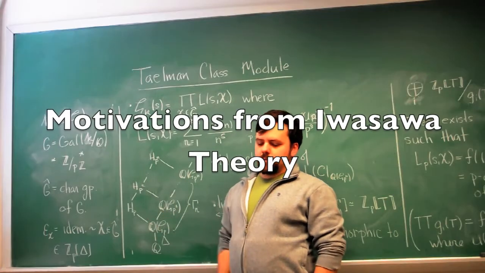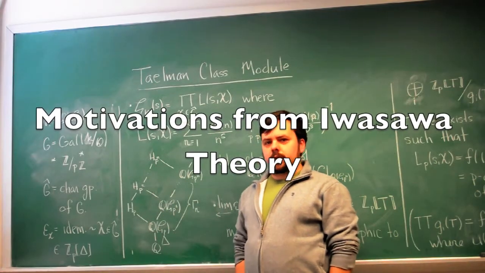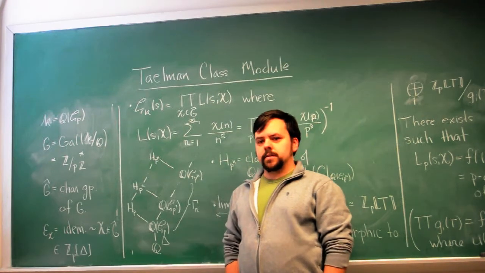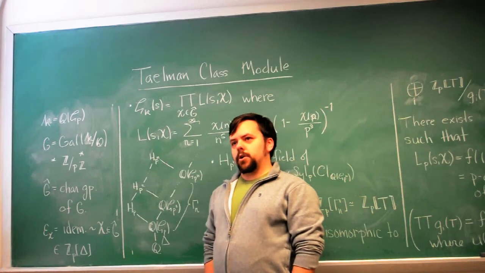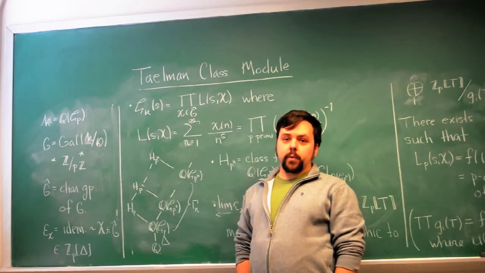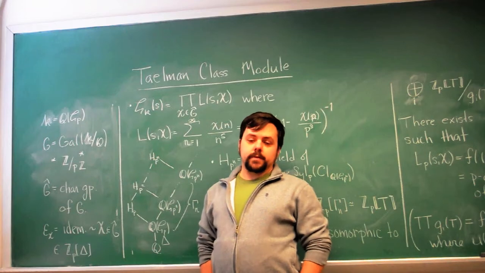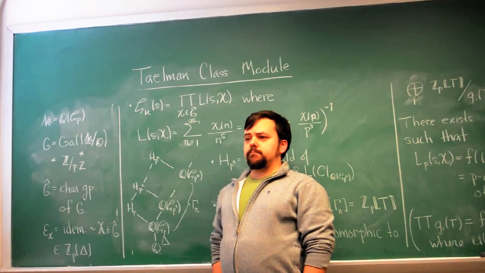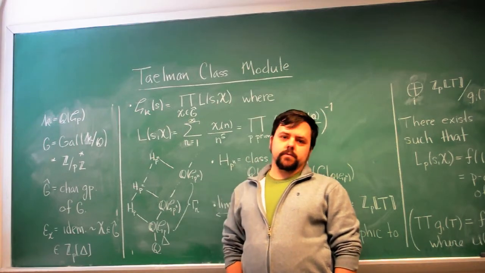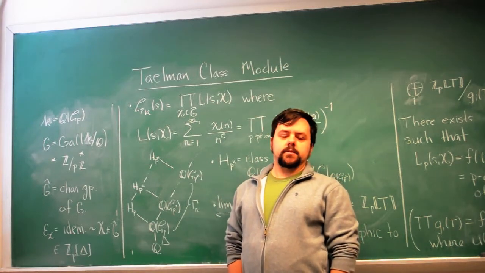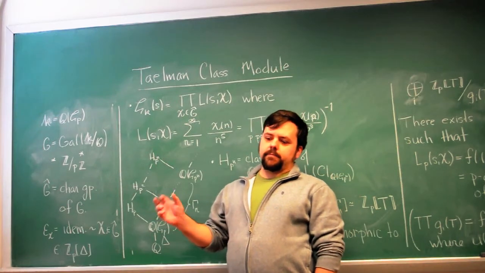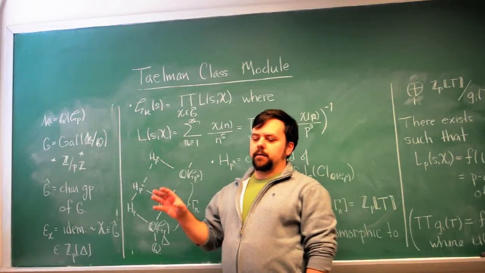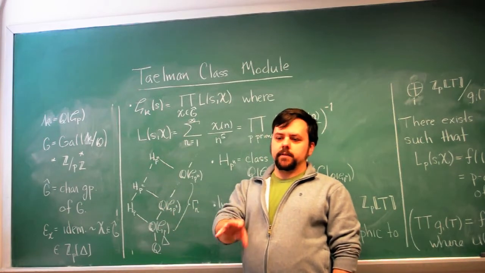Looking at that residue formula for the Dedekind zeta functions, you might wonder exactly what's going on there. How does this analytic object, the zeta function, encode information about this algebraic object, namely the class group, which is the one we're interested in? And by the way, it's not only the residue formula that hints at this. There are many relationships, a lot of things you can derive about a number field from zeta functions.